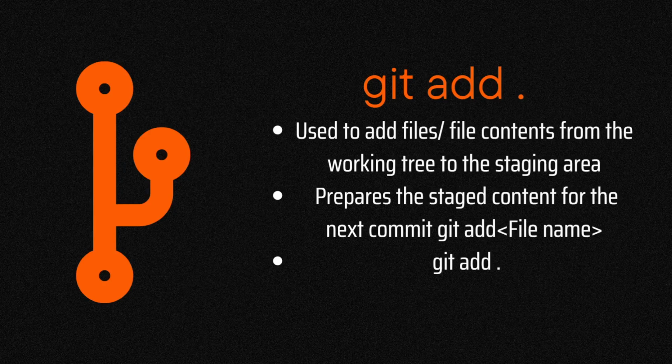Then another common command. Let's say you just add your index.html and some CSS, and now you want to start tracking those files. You can use git add for doing that. You can do git add and point to a specific file path if you want to add that specific file, or you can use the Unix dot notation, which will add everything.